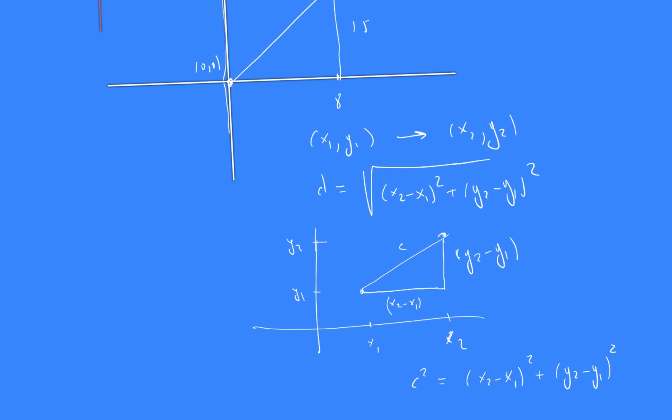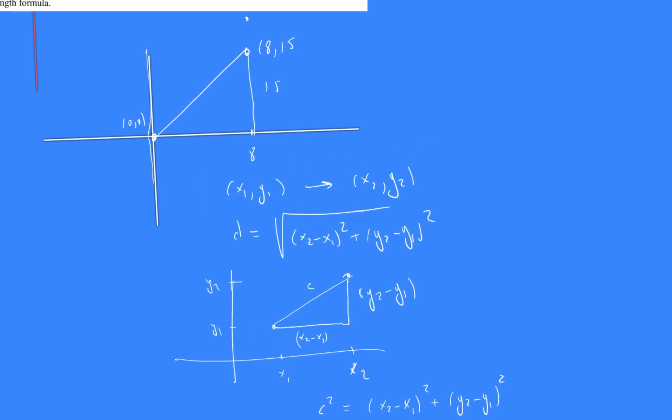Now, what is the distance? The Pythagorean theorem says that the distance between these 2 points will be the square root of 8 minus 0 squared plus 15 minus 0 squared.